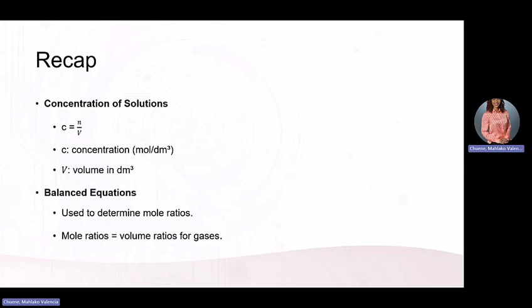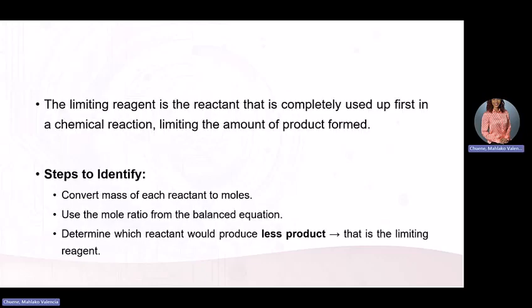So you might find that sometimes they give you a balanced equation, and we are now looking at Boyle's law, which deals with gases. Then you would use volume ratios instead of mole ratios, but those mole ratios do also help you get volume ratios. So your mole ratios and volume ratios are the exact same, and you use the same steps to find them. All right, now let us get into today's lesson.